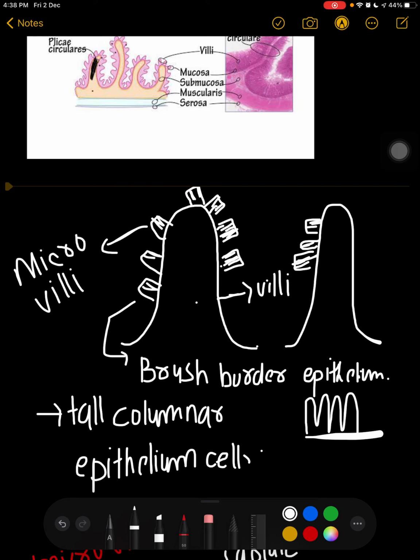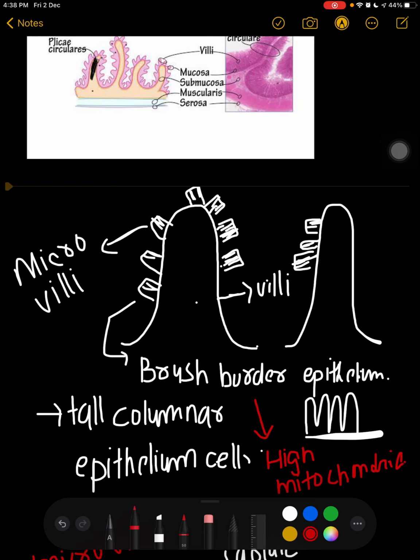The thing to remember is that these brush border epithelium cells contain a high amount of mitochondria. If you have studied in matric the structure of the kidney, there was the PCT, the proximal convoluted tubule, which was also lined with brush border columnar epithelium, and there we said that it contained a high number of mitochondria. Why are mitochondria used here?